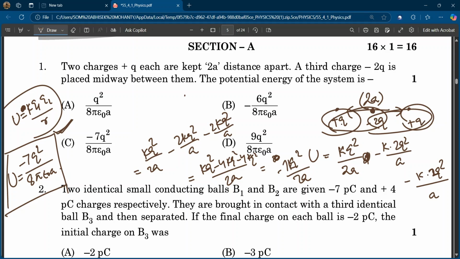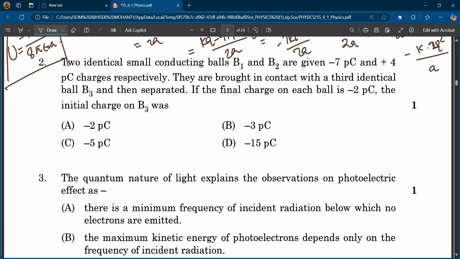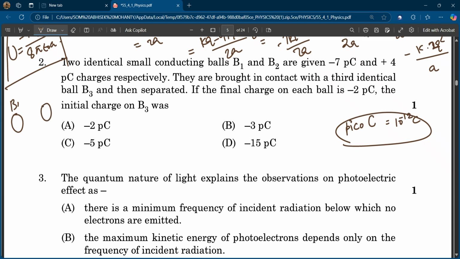Next is two identical small conducting balls B1 and B2 given minus 7 pC and plus 4 pC. pC means picocoulomb, which is 10 to the power minus 12 coulomb.